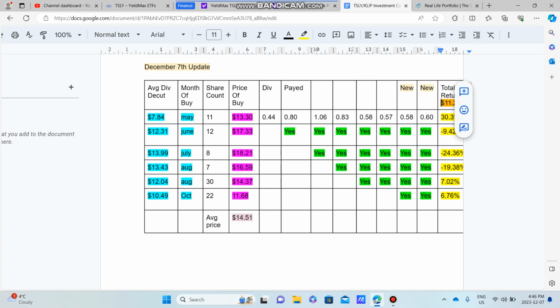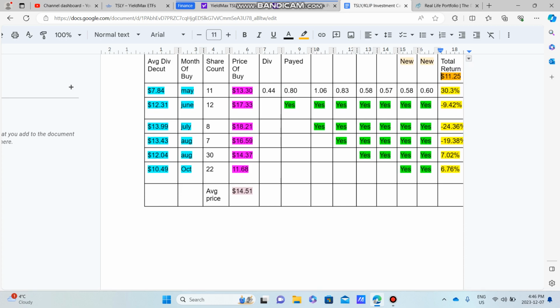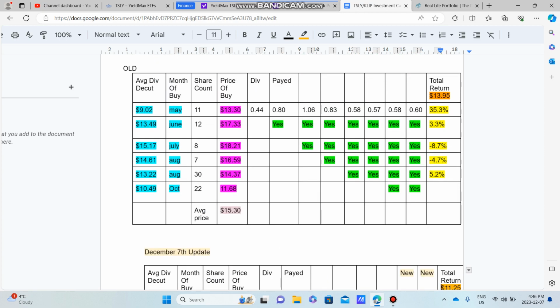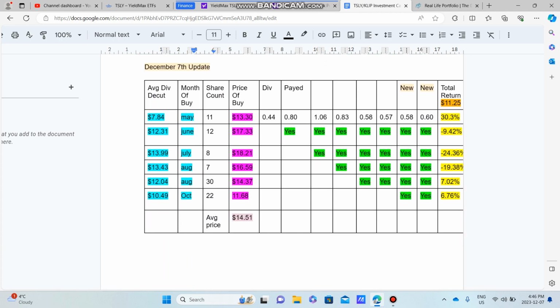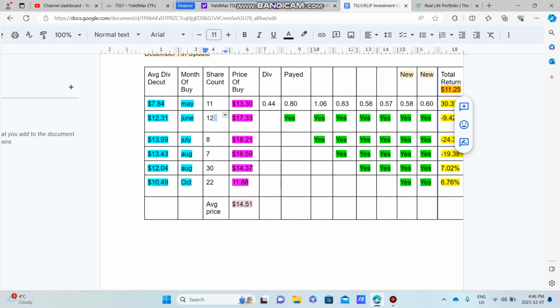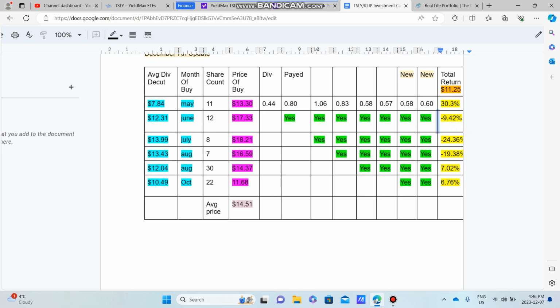As for the rest, you can see here, before I was in the positive, up 3%. I was slightly down about 8 and 4% on my $18 and $16 purchase price investments, but now you can see I'm down a lot more on those, with my $17, $18, and $16 investments being down about 9, 24, and 19%.